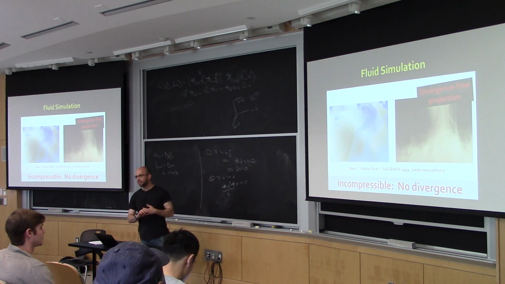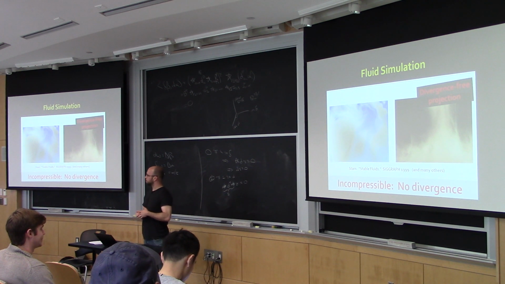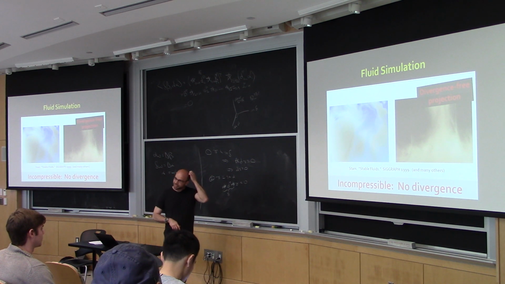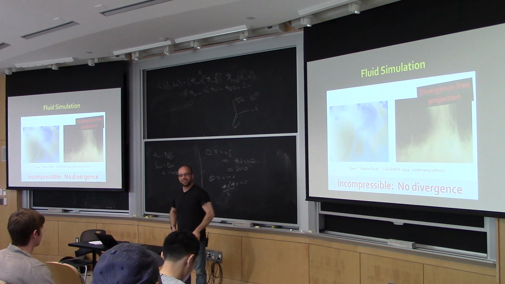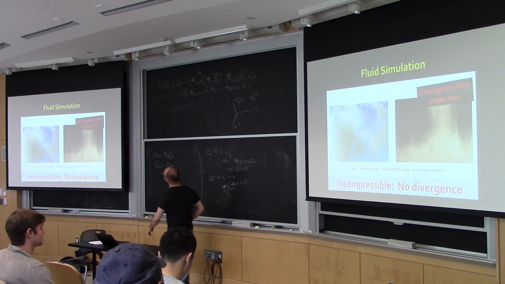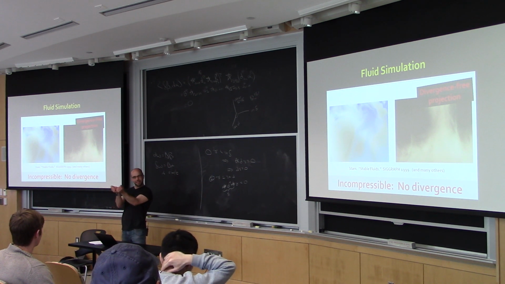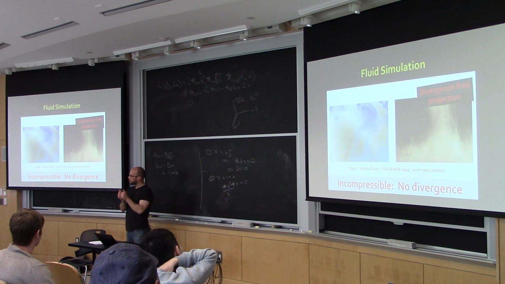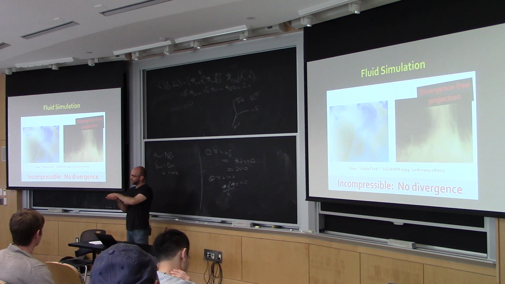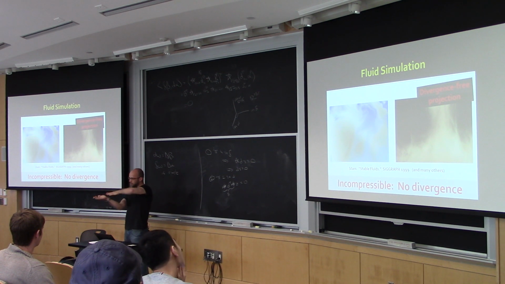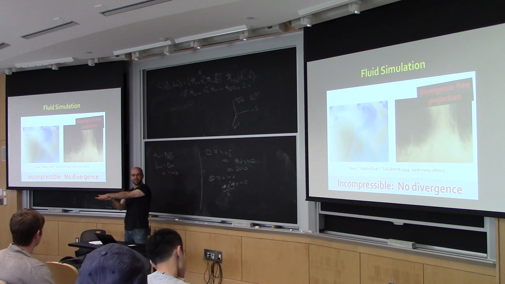In fluid simulation, you might not have realized it, but I know that a few students in this class have implemented fluid simulation tools, and they actually implicitly were using the Hodge decomposition, whether they called it that or not. Because of this step they call pressure projection or divergence-free projection in fluids, where remember that your typical fluid doesn't compress, at least if it's water. So the velocity field of the motion of the fluid has no divergence, because if it did, it would smash, it would be like a balloon.